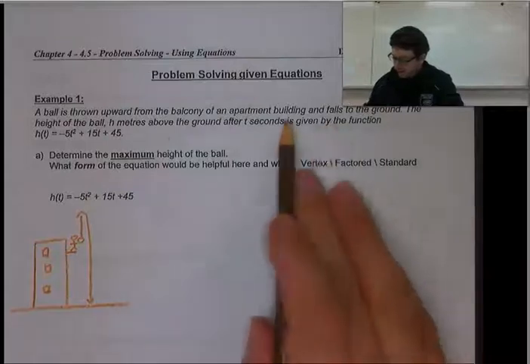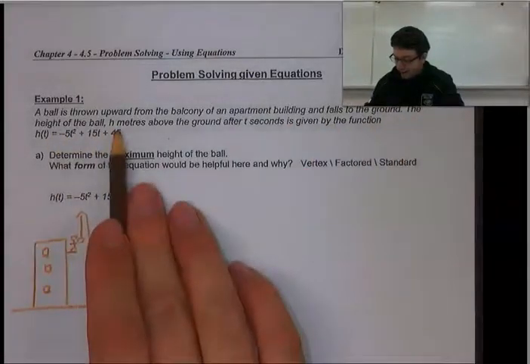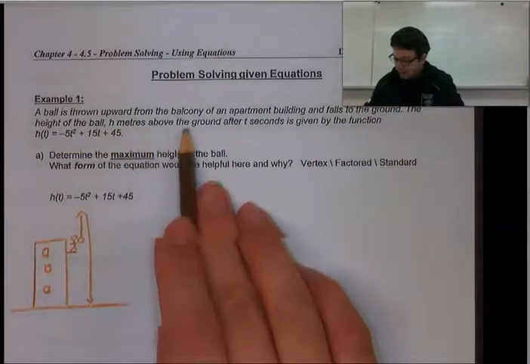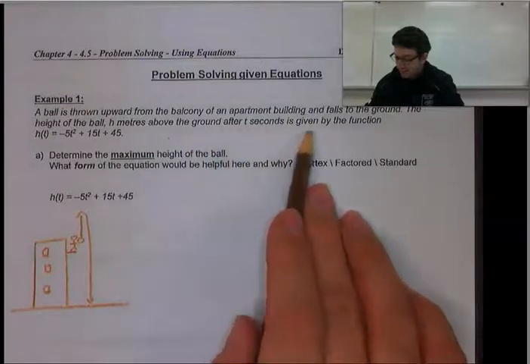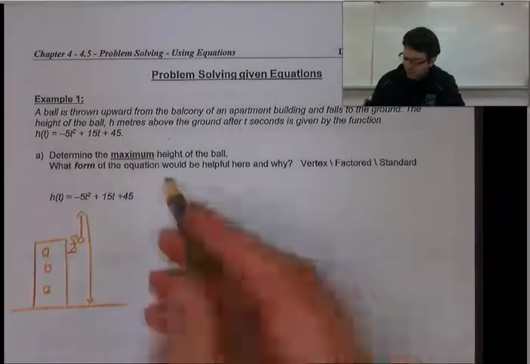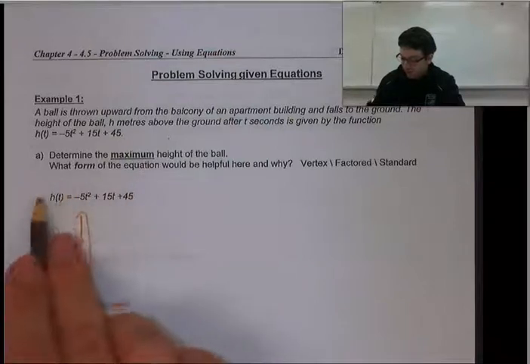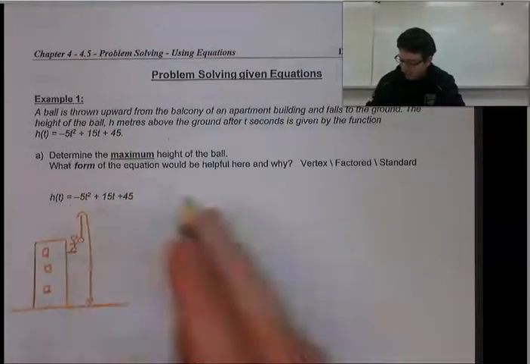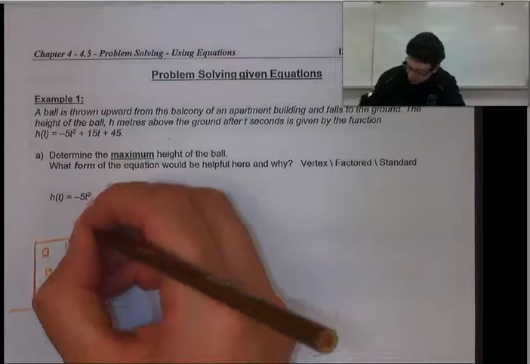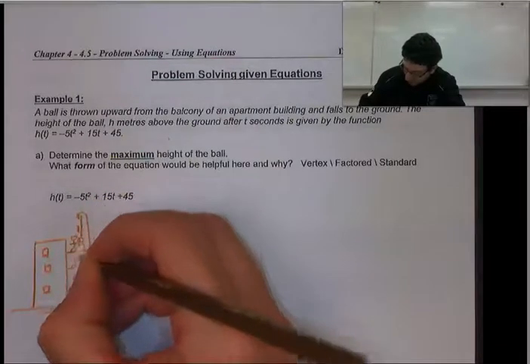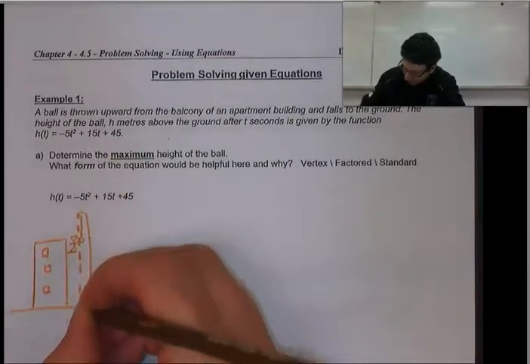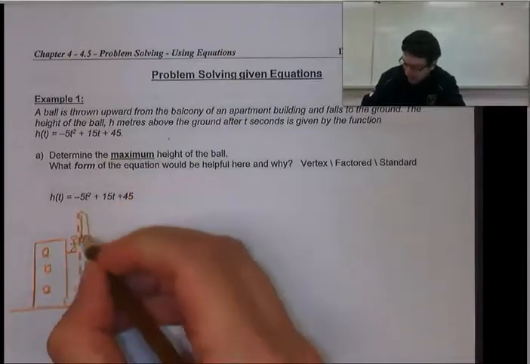The height of the ball h in meters above the ground after t seconds is given by this function. So we have this function. It's written again for us right here. And of course, that would be your height.